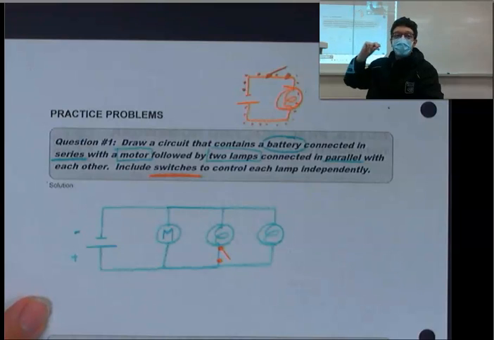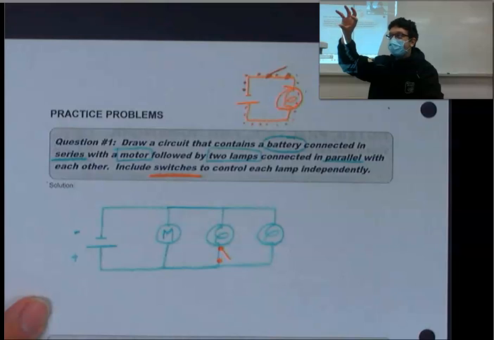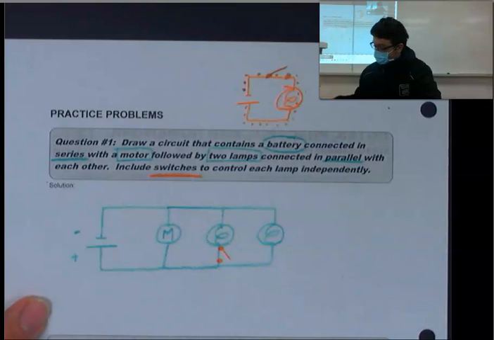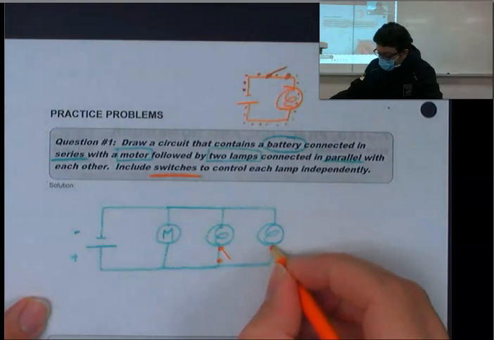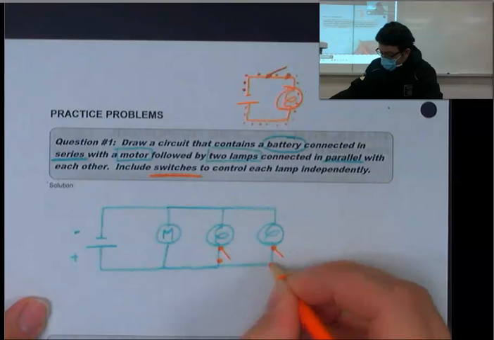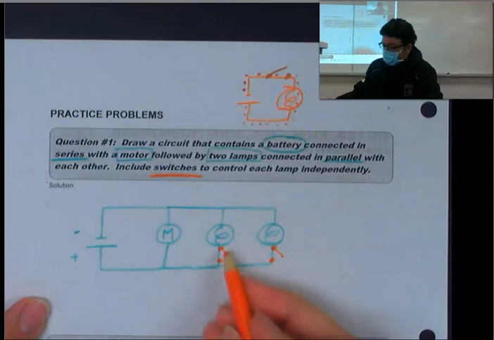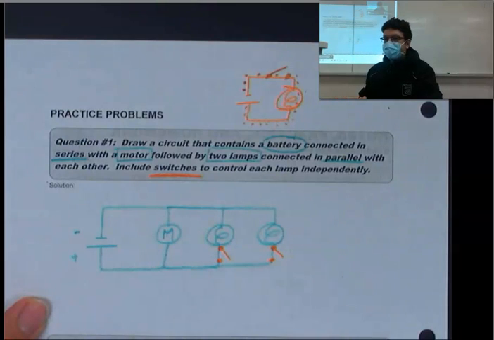The reason it happens so instantly is because you have that lineup of electrons that just get pushed and move around together. All right. So this switch will control this light bulb, and we can put another one over here. Just imagine that I erased that green bit. So this switch will control that light bulb.